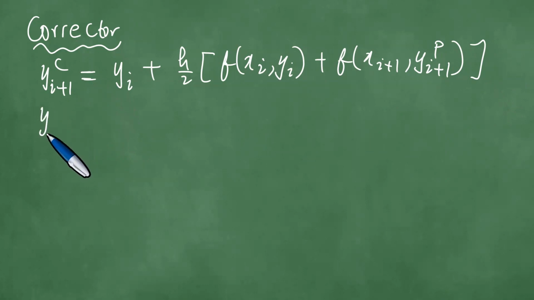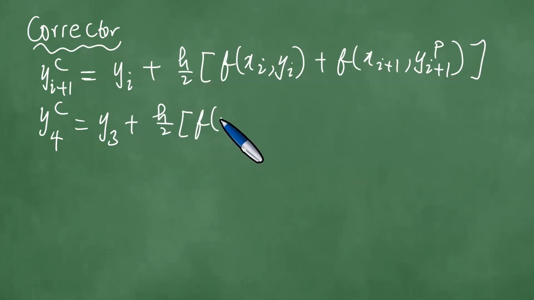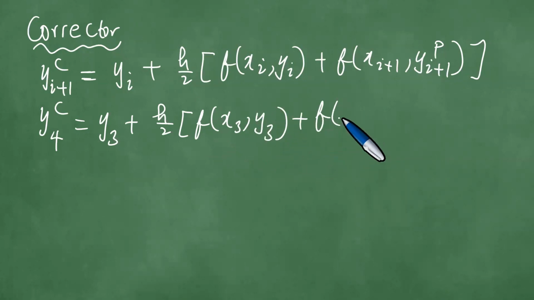We're looking for y4, which occurs when i is 3. So it's y3 plus h over 2 times f(x3, y3) plus f(x4, y4).